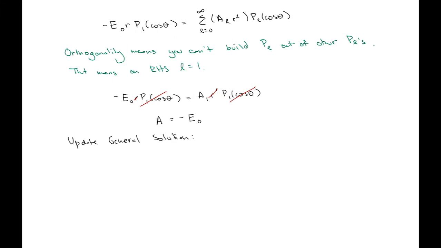Okay, now the general solution is going to look like this. I don't really know enough to say what the b coefficient is. It went away at my first boundary condition just because that whole term got really small.